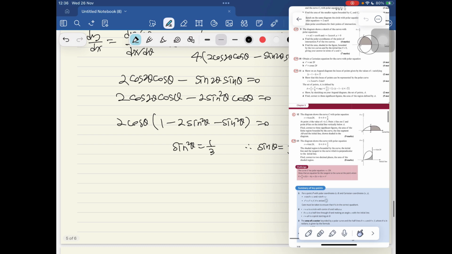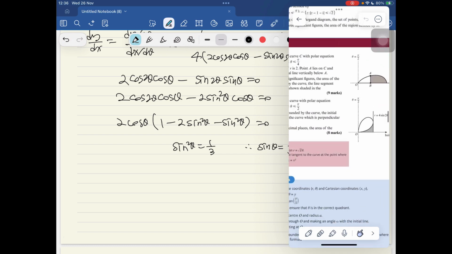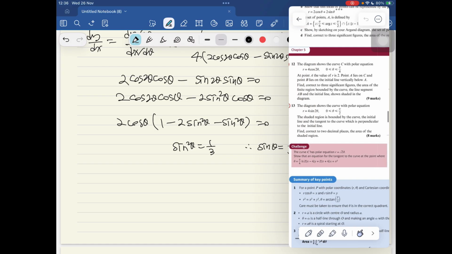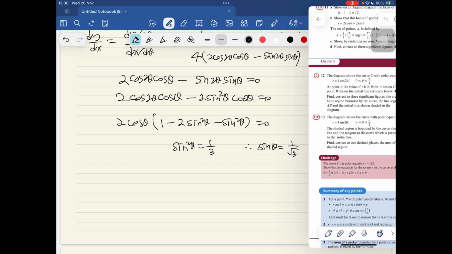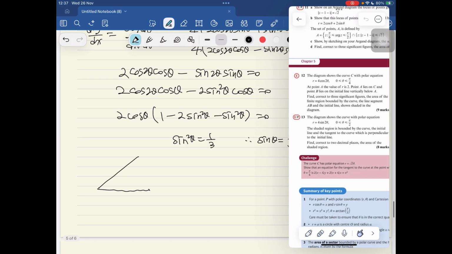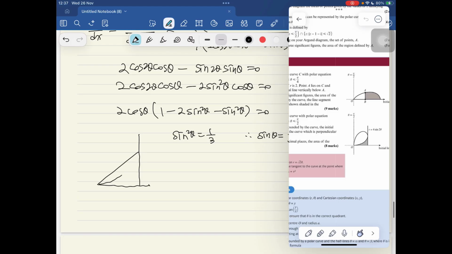Because of the graph, we can tell this is in the first quadrant, which could be an acute angle. Sine theta should be positive. So this is the one. We don't know what the angle is yet, but anyway, we know this is the one. When we see the diagram here, we see this triangle and this part.